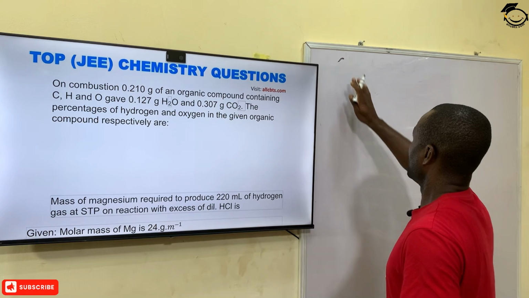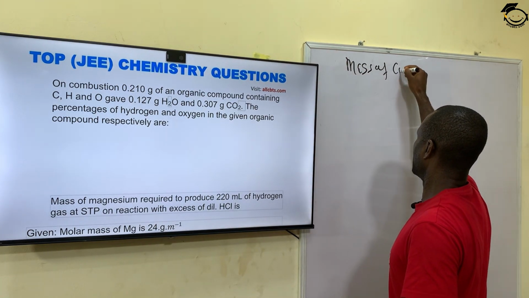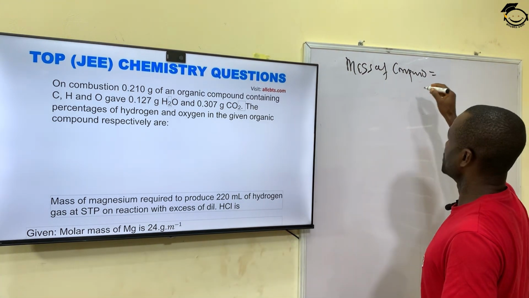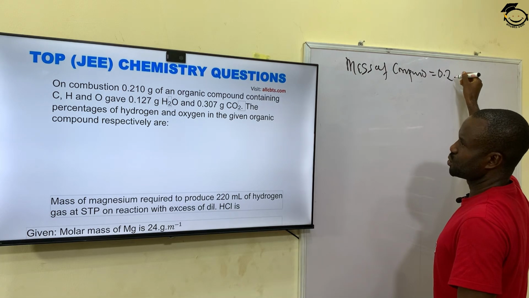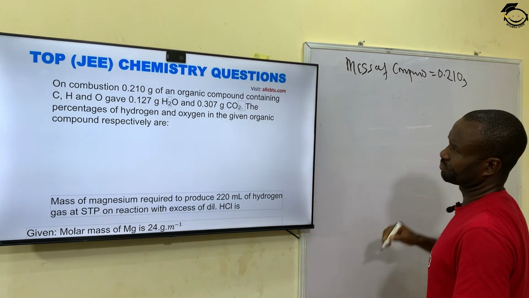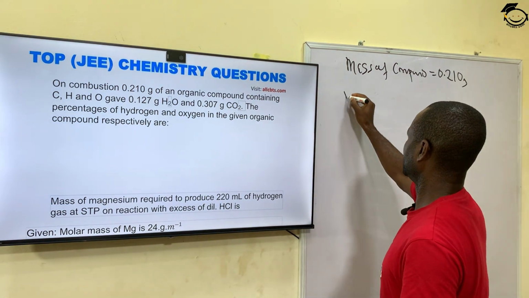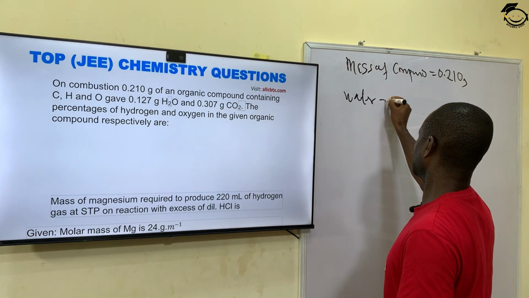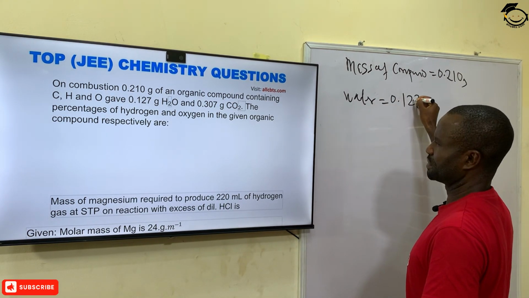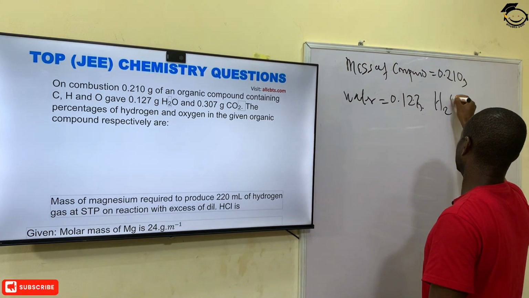respectively, are? The mass of the organic compound is given as 0.210 gram. Now, the mass of water is given as 0.127 gram. Mind you, hydrogen is gotten from water.